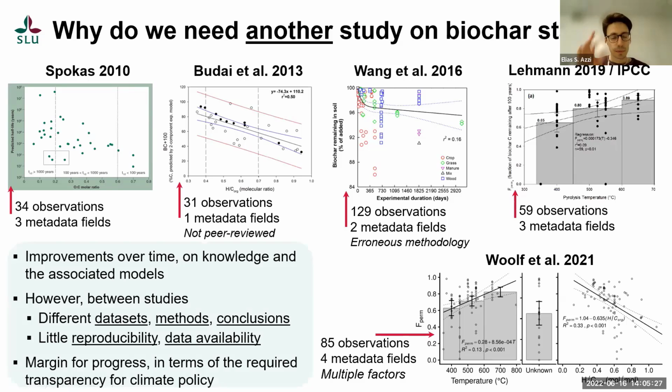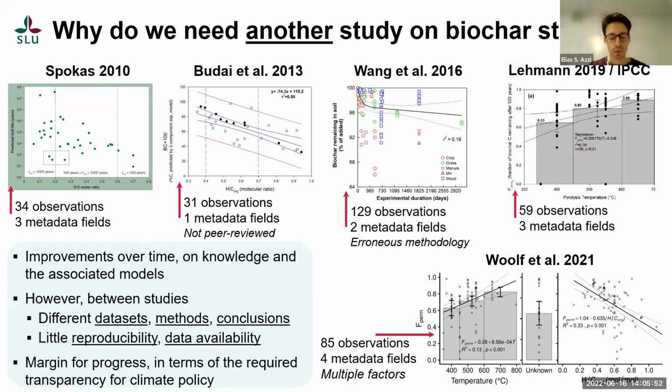What we can say from these studies is that we have seen an improvement over time in the knowledge we have and in the models and their complexity. But still, there are major differences between the studies in terms of data sets, methods, and conclusions reached. And whenever we try to reproduce what has been published and check for data availability, we are not yet there.